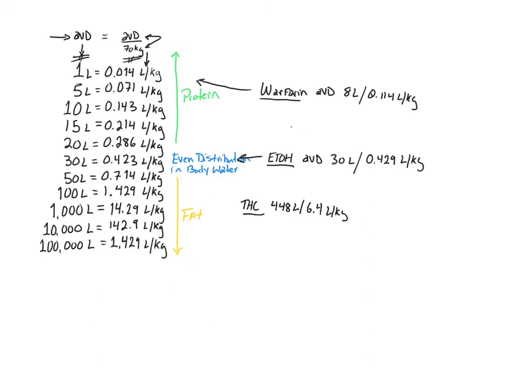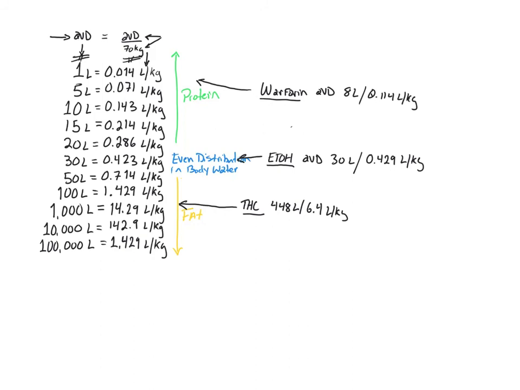So where is that going to be? Well, we're looking at right in here. 448 is greater than 100, and so that tells us that THC tends to be sequestered more in the fatty compartments. It's much more lipophilic in that sense.